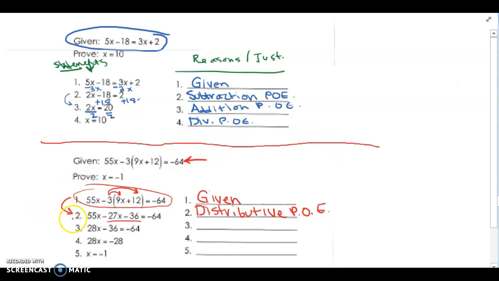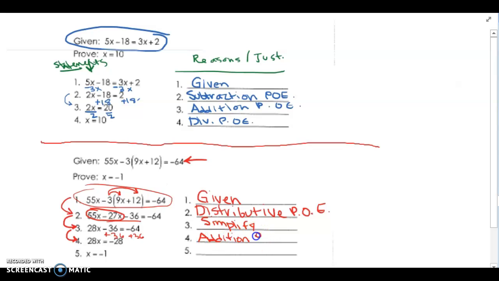All right. So how do we get from 2 to 3? Well, all I did is I combined like terms, so I didn't really use any properties, I just did math. So I'm going to put here simplify. Okay, now from 3 to 4, notice I got rid of this minus 36, so I added 36 to both sides. And what property tells us you could add the same thing to both sides of the equation?